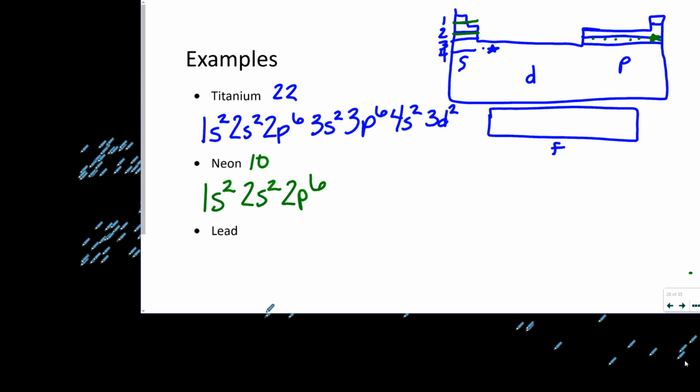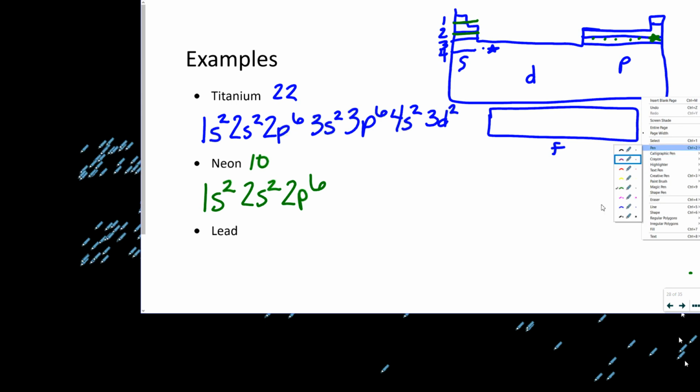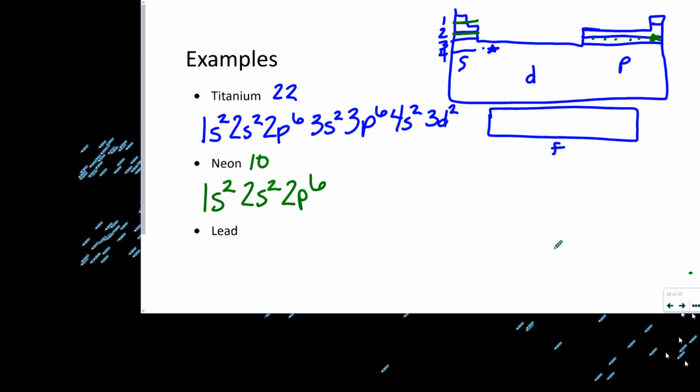So yet again, let me change color so you can see it a little bit easier. Let me not do red. Let's do this purply color. So lead is number 82 on the periodic table. So it's way down there.